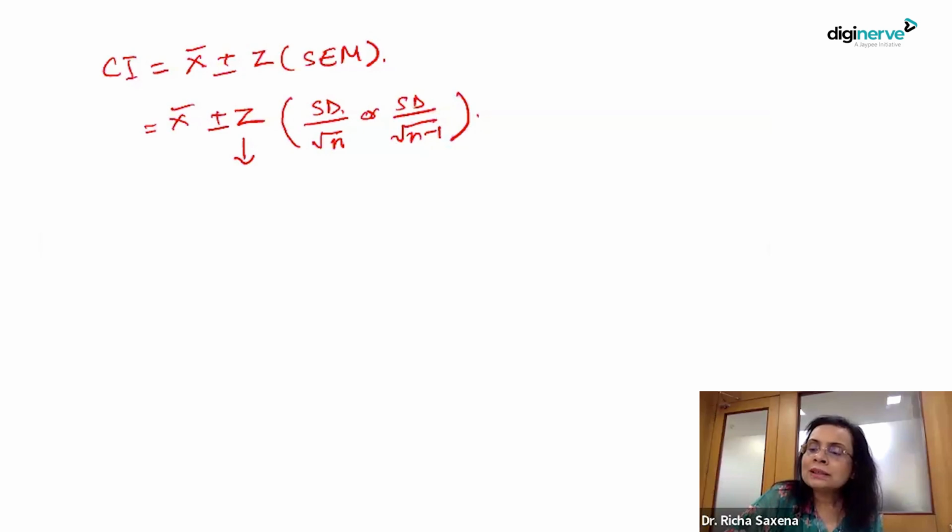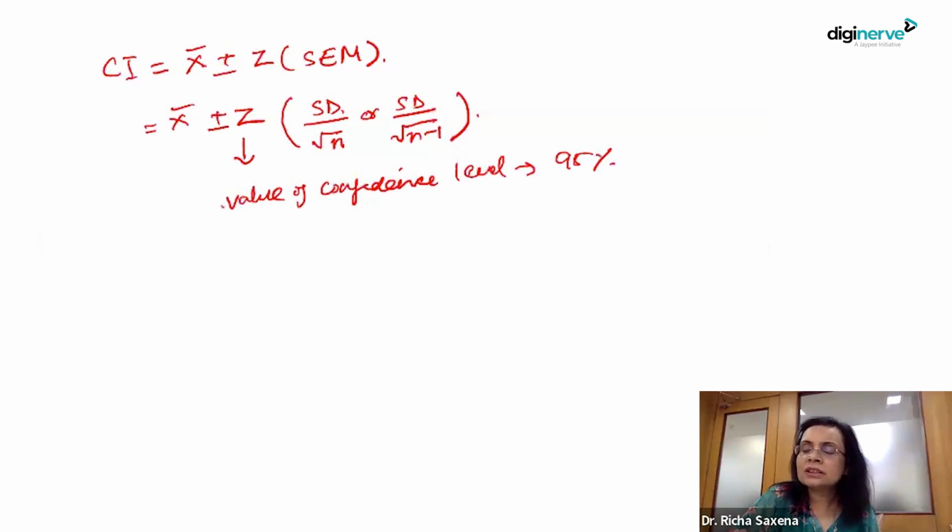Now, what is Z? This is the value of confidence level. For example, in this case, it is 95% confidence interval. So if you consider the standard deviation curve, or the Gaussian normal distribution curve, then you see that within one standard deviation, you will have +1 and -1 standard deviation.